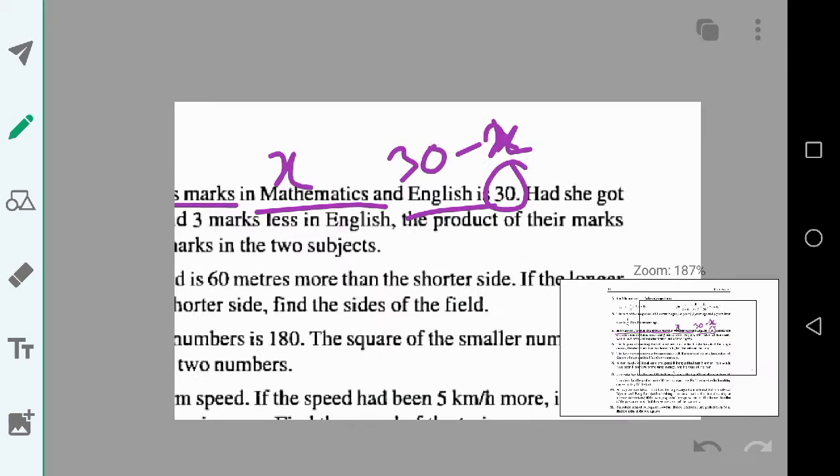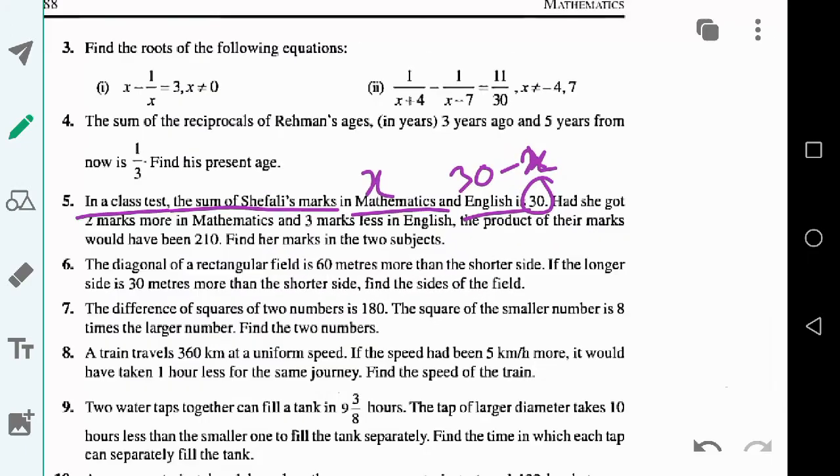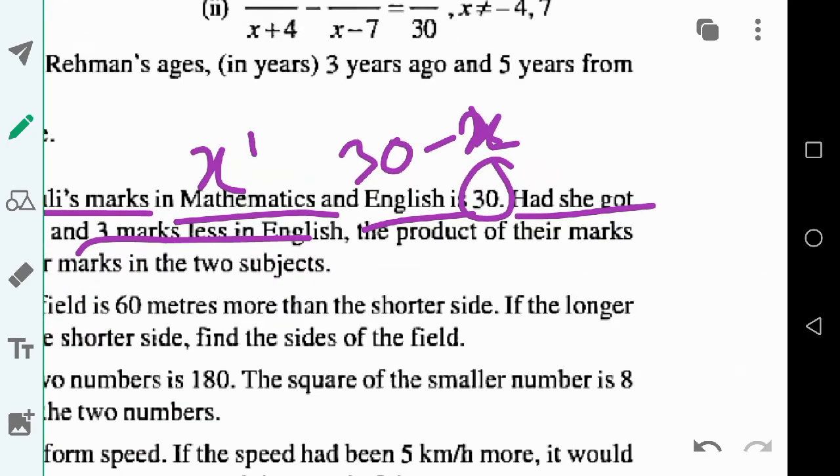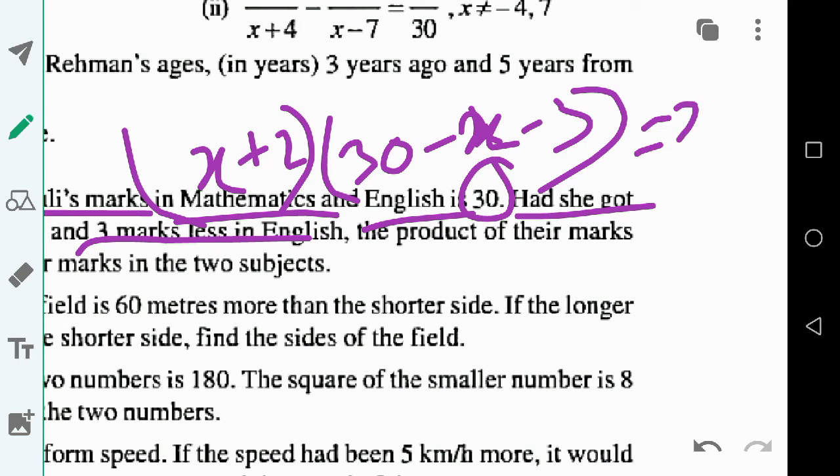Okay, so in the question it is given that if she had got 2 marks more in mathematics and 3 marks less in English, then their product would have been 210.